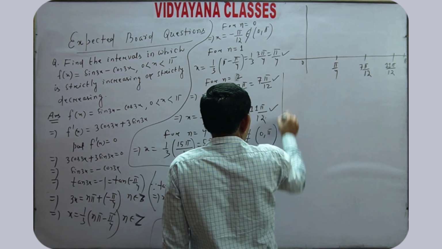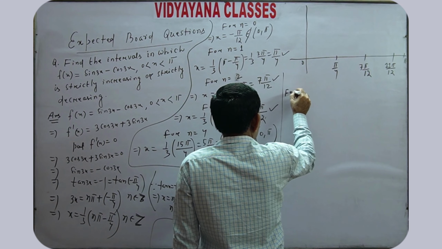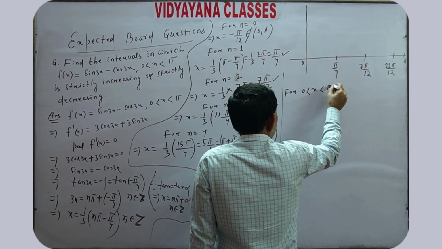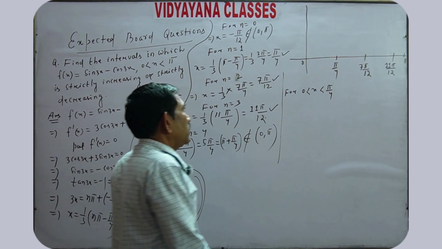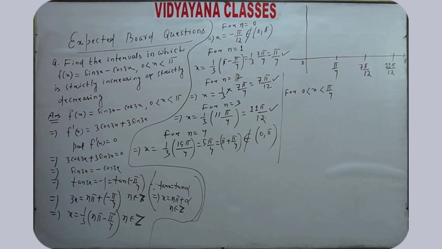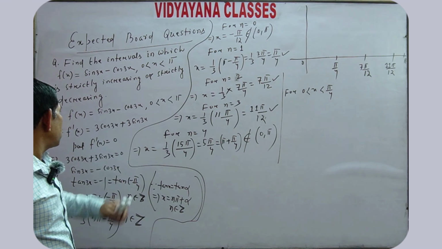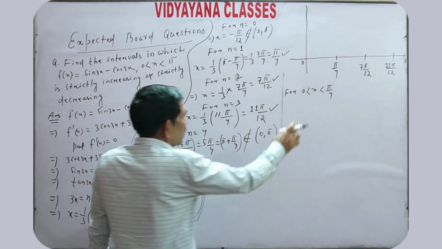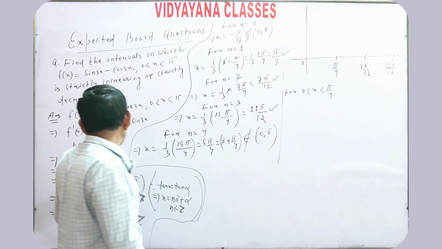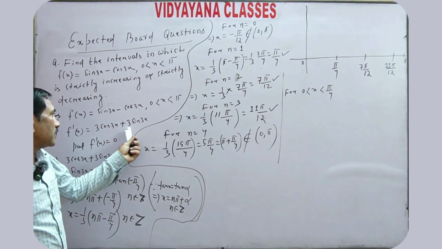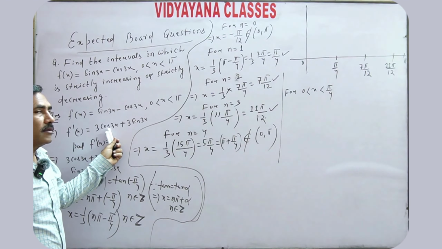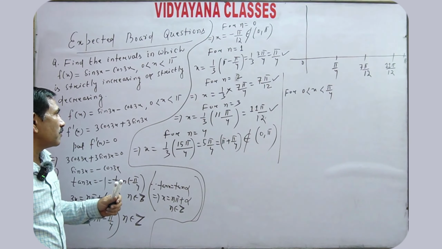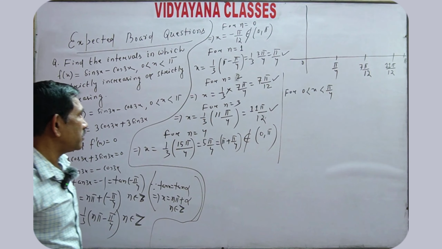For x greater than 0, less than pi by 4, f dash x is positive, since for angle less than 45 degree it is positive, and it is also positive.